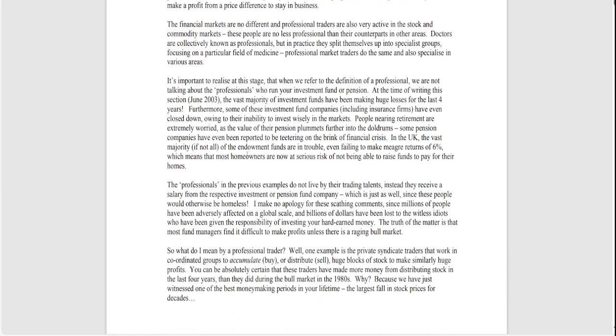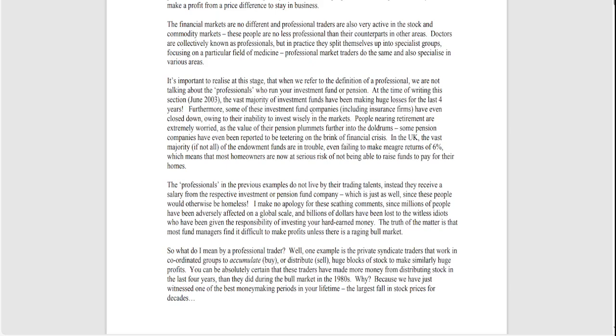Now, it is important to realize at this stage who we refer to as the professional. We are not referring to the professionals who run investment funds. Those people who run investment funds or pension funds are not the main players. At the time of writing, many investment funds have been making losses for many years.